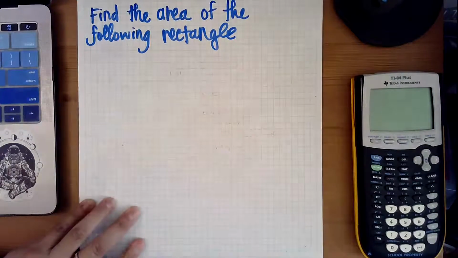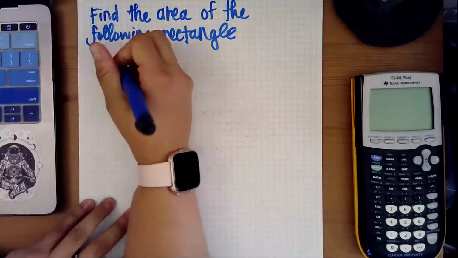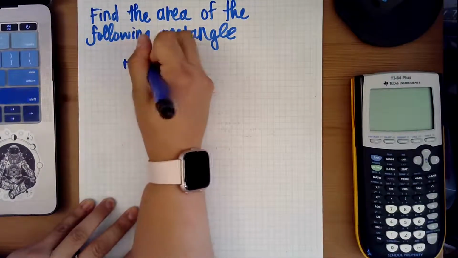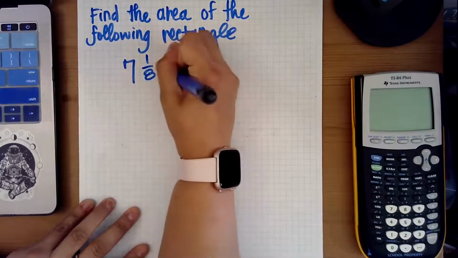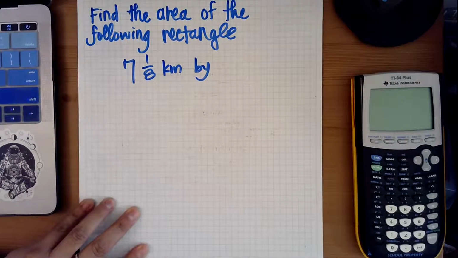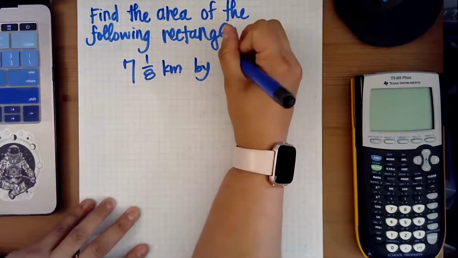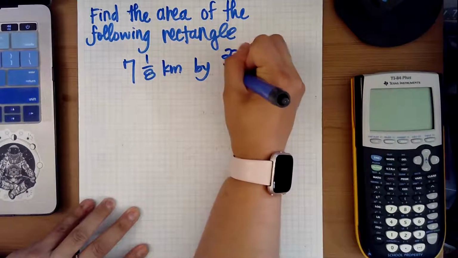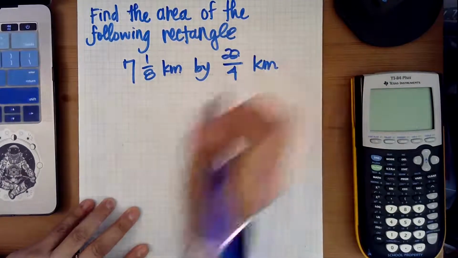The only information we know is that it's, let's say, 7 and 1/8 kilometers by 22 over 4 kilometers.